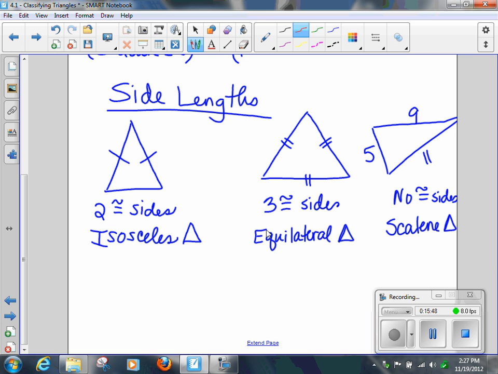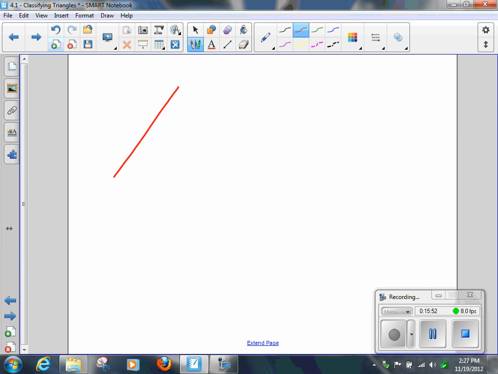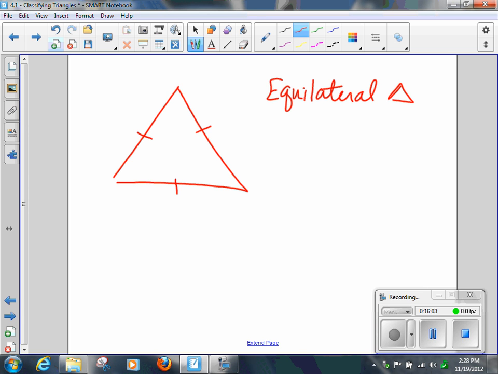How about this? If all the sides are congruent, will anything else be equal? All of the angles have to be congruent.